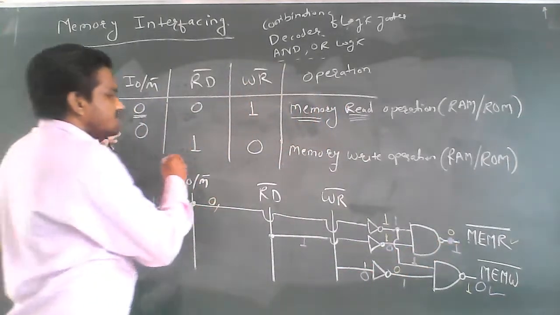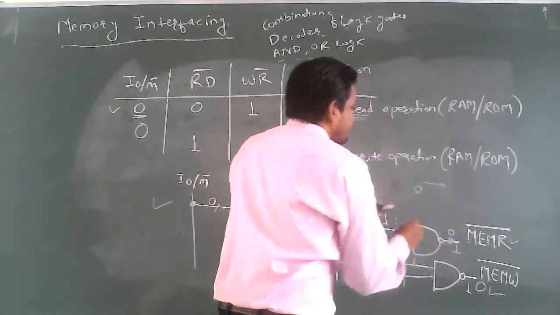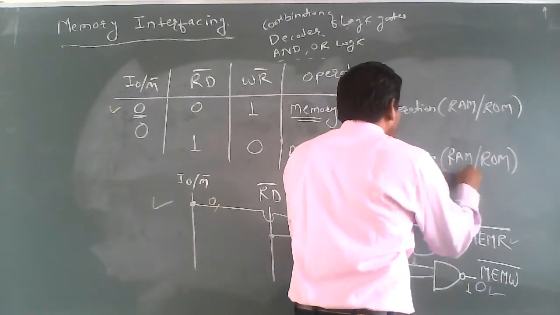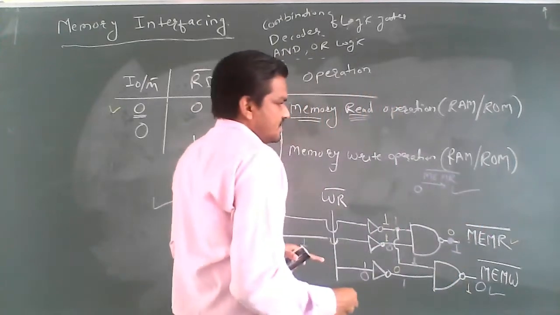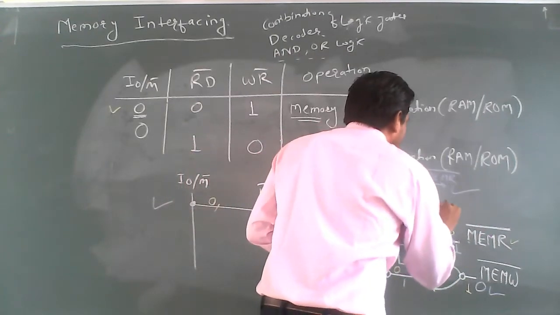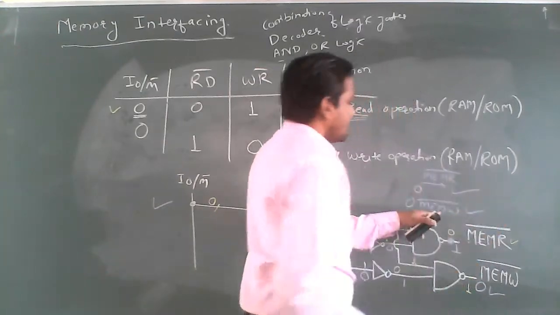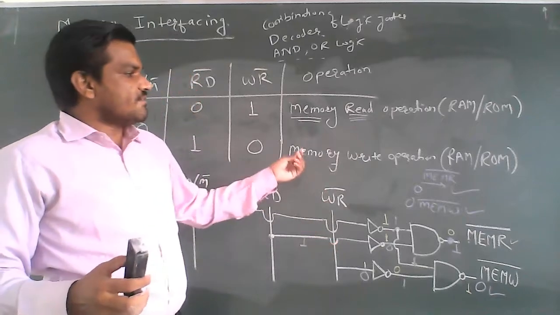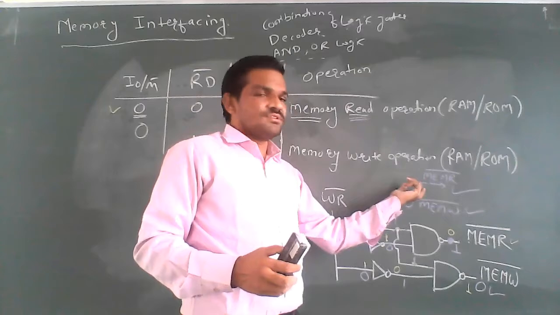When you get at this pin, if this pin is equal to 0, this is your memory read bar. When this pin is equal to 0, it will perform your reading operation. When your MEMW bar is equal to 0, it will perform your writing operation. So you have to make such logic: whenever a reading operation is there, this pin MEMR bar should be equal to 0.